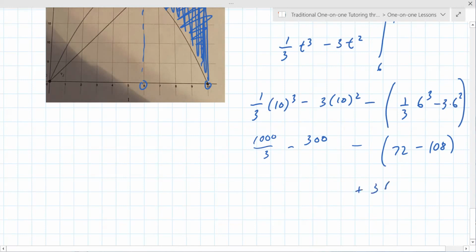So plus 36. And so we got 300 over 1. So that's really 900 over 3, 1000 over 3. So that becomes 100 over 3 plus 36 over 1. So over 3, that's 108. I'm sorry, that's 108 over 3. So this becomes 208 over 3.